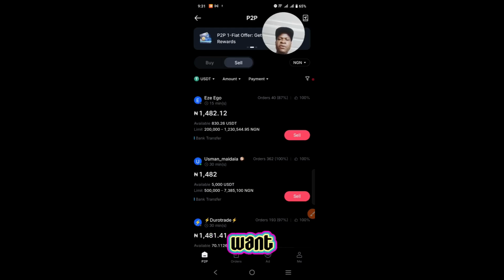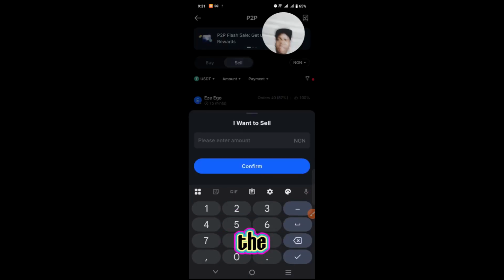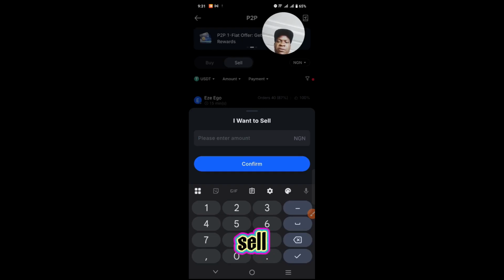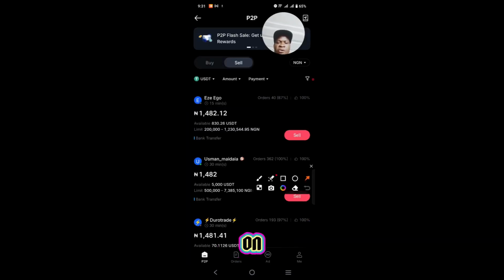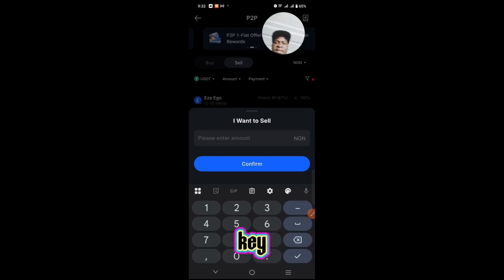For example, if I want to sell, all I need to do is to choose the amount I want to sell by tapping on amount, just below the sell button. Once I tap on it, I manually key in, say, 50,000.